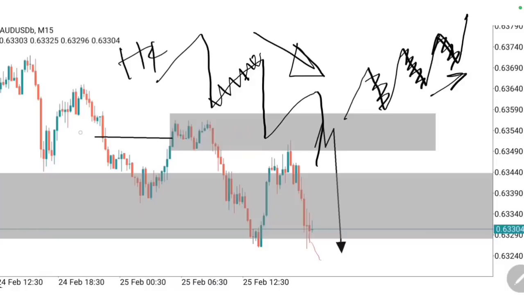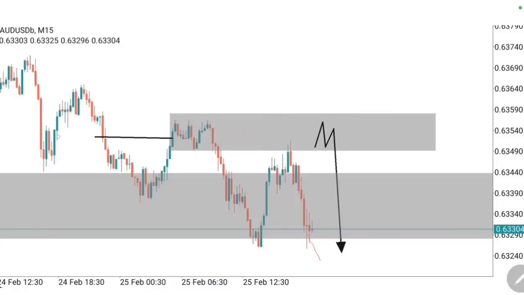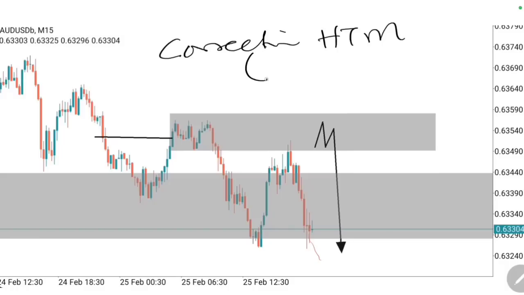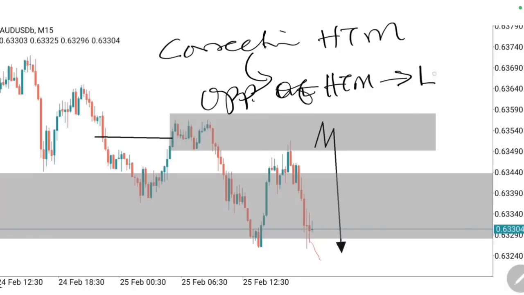So let me make it clear: the correction of your higher time frame is usually the opposite direction of the higher time frame trend, on the lower time frame.